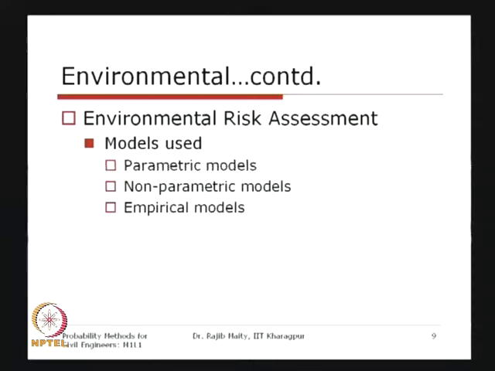In between parametric and non-parametric, there could be a semi-parametric approach also. Part of the model can be non-parametric and some other part, or the estimation, particularly in the data analysis, can be parametric. That kind of thing is known as the semi-parametric models. There are obviously the empirical models also for this kind of problem.